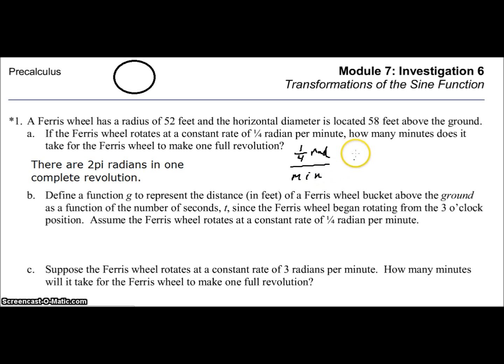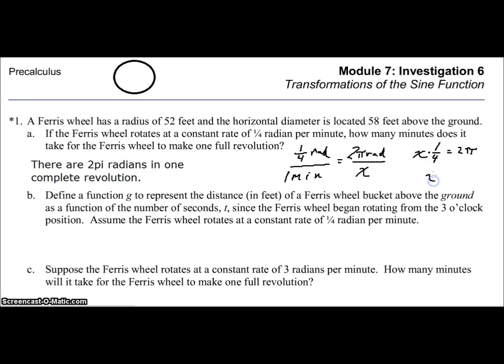So how many minutes x will it take us to go 2 pi radians? I don't usually use proportions like this, but here it just seemed natural. So we can cross multiply and have x times 1/4 equals 2 pi.